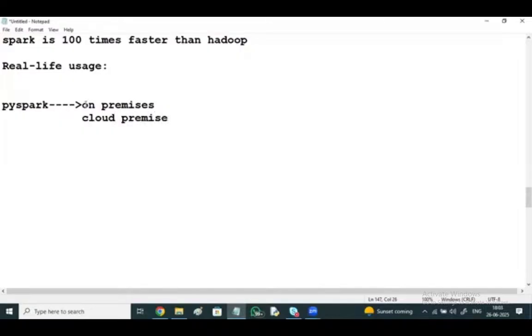In on-premises, it means how you are going to install it, how you are going to execute it, and how to run it. But our course will deal with PySpark on the cloud, which means Azure. So total PySpark will be discussed on this cloud premise, on Azure.